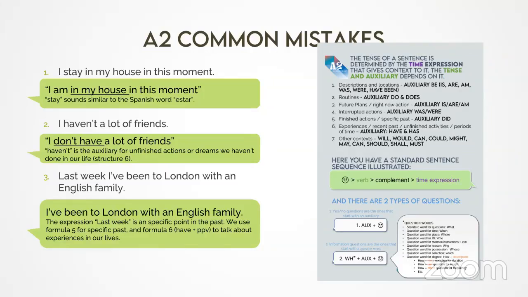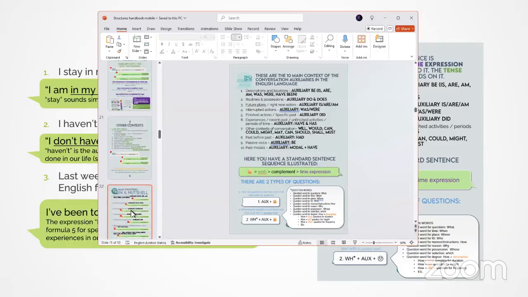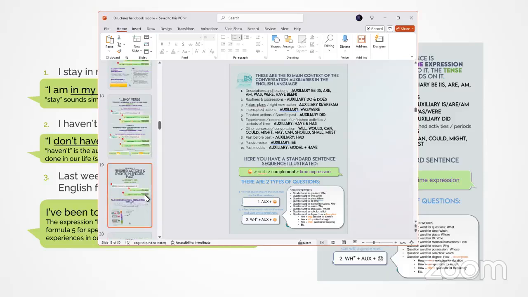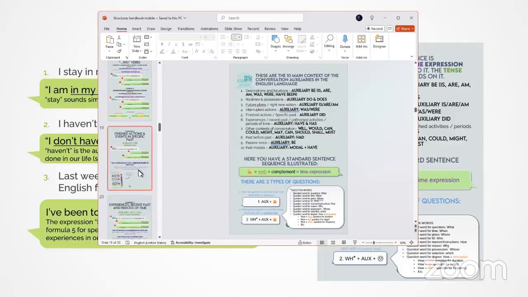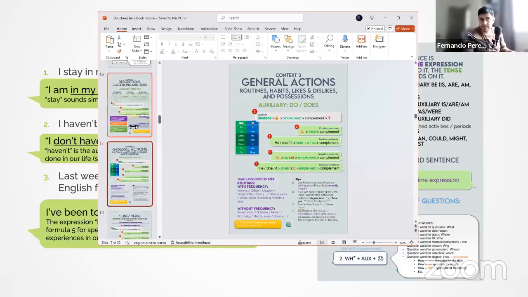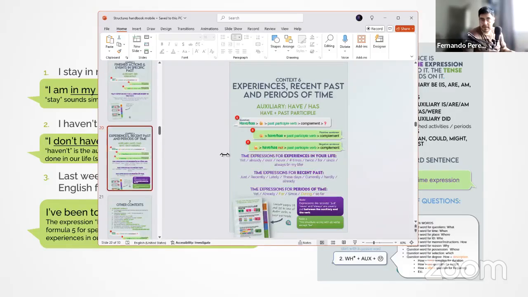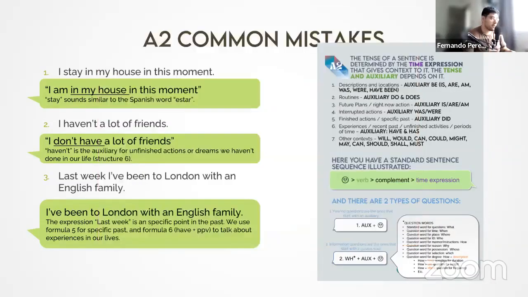The interesting thing is probably the connector too, right? I don't know why you say to London. Excellent question. Let me find experiences. I don't have it here. Let me open A2.